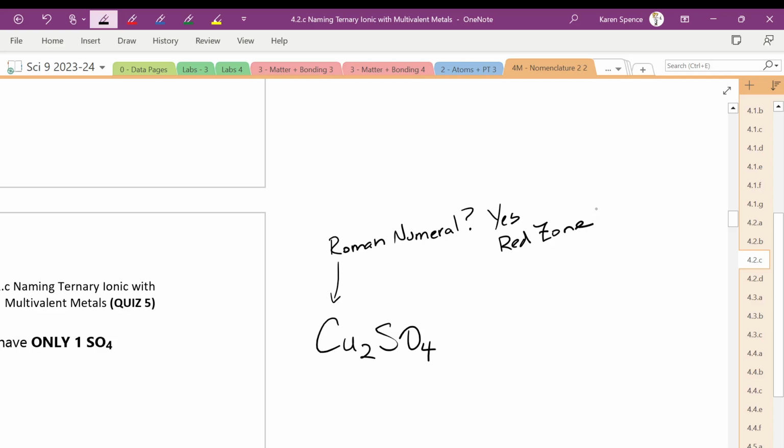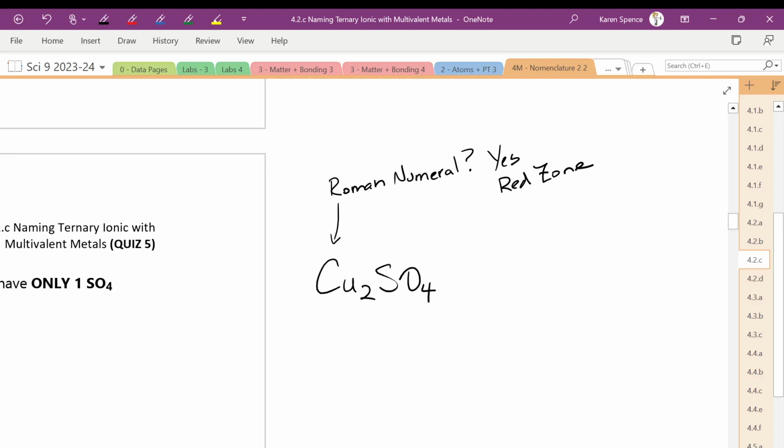All right, so we look at it and we say, okay, I got Cu. How many Cus? We got 2 Cus. So I'm going to go over here and I'm going to draw a Cu, and I'm going to draw a second Cu showing the 2 Cus. All the rest is the anion.